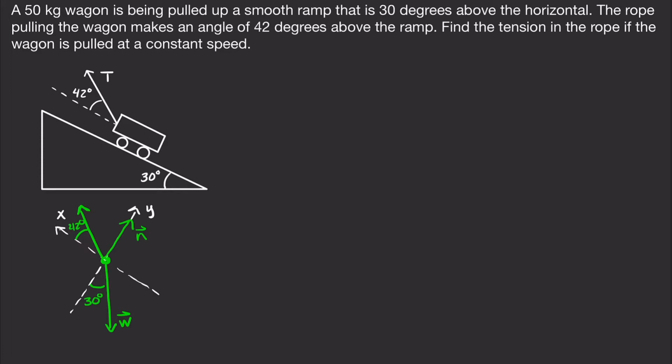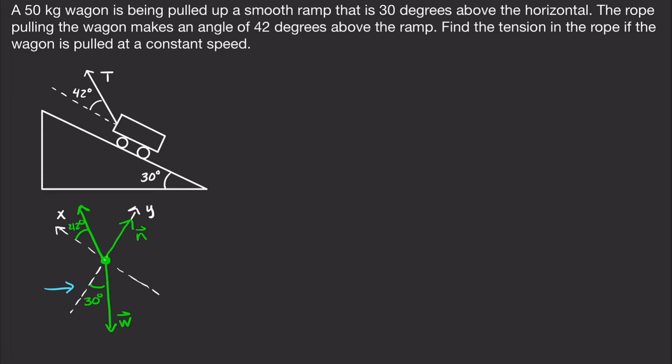So this is something that if you don't know or you can't see it, you can memorize this. If you rotate your coordinates, your weight will always make an angle with the new y-axis that is equal to the angle of the ramp.